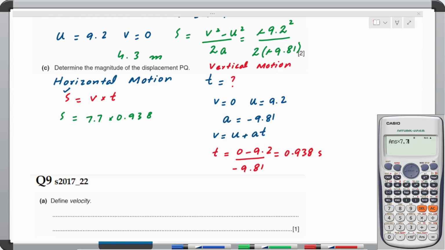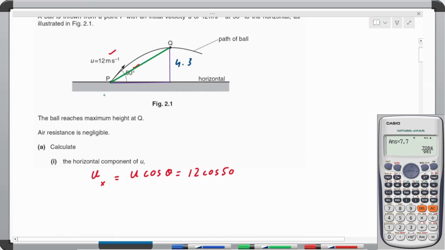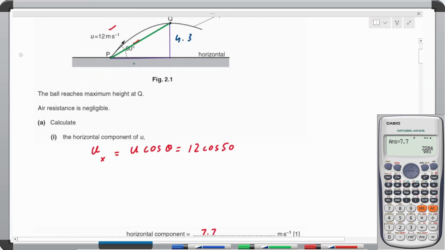So what we get is 7.22 meters. So this is the horizontal distance, 7.22, and the vertical distance was 4.3. So this one is 7.22, and the vertical one is 4.3.